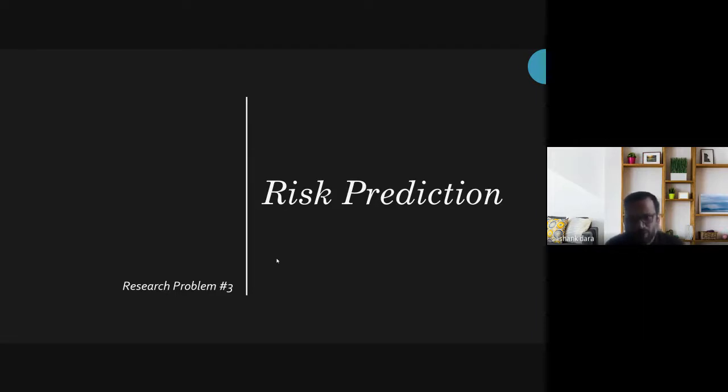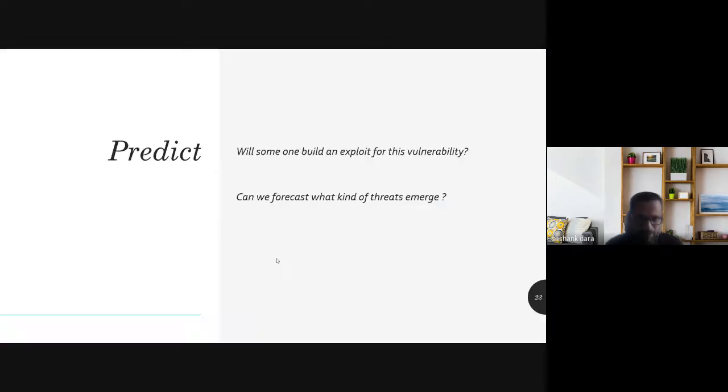There are some problems here I'll quickly cover. There are again very fascinating problems from a risk prediction perspective. But what do you predict? Do you predict the next Log4j kind of zero-day exploit? Why not? Can we predict whether an exploit will be built for a vulnerability?